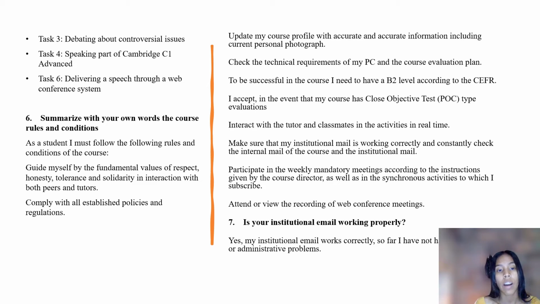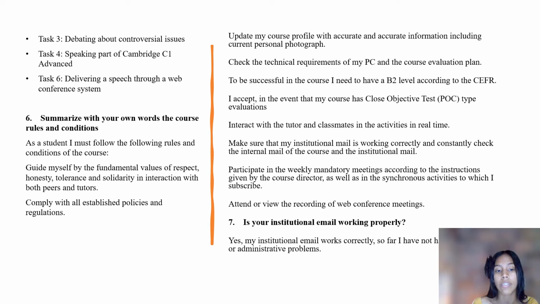Summarize with your own words the course rules and conditions. As a student, I must follow the following rules and conditions of the course. Guide myself by the fundamental values of respect, honesty, tolerance, and solidarity and interaction with both peers and tutors.